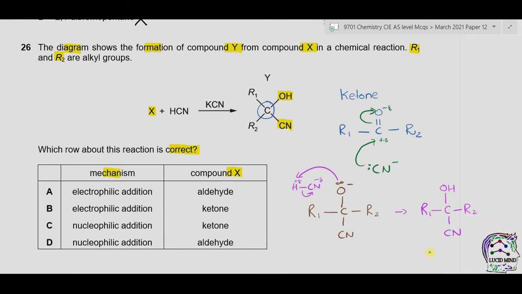This CN is removed in the form of a nucleophile. As we can see that a nucleophile was involved in this reaction and addition has taken place on the carbonyl carbon, therefore this is nucleophilic addition, and compound X was a ketone as it is attached to two alkyl groups. The correct answer is therefore C.